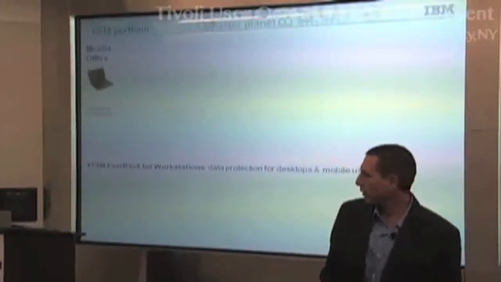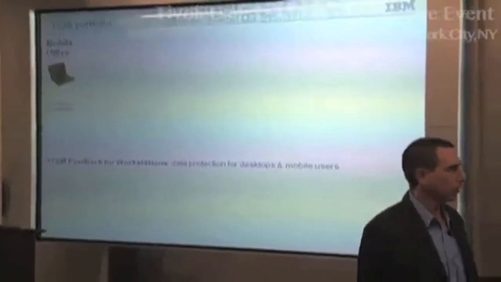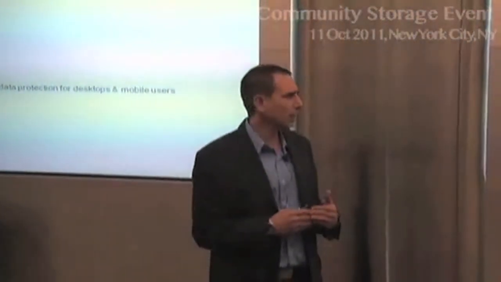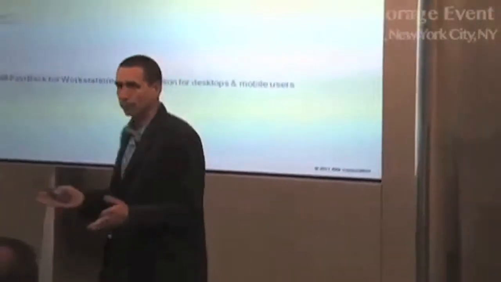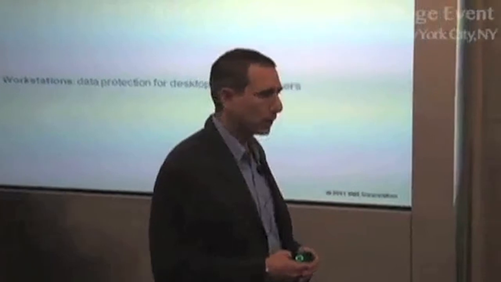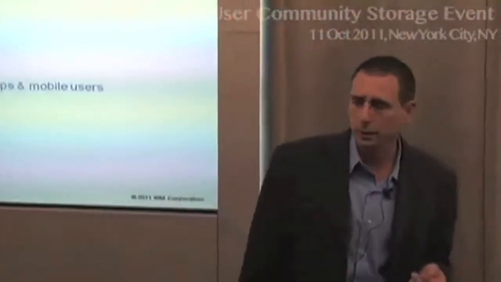Now, pretty simple to use, 5 minutes to install, runs on Windows, which most of us run, and it keeps a copy of that data local on the laptop, so you can easily recover from a deleted file. If you, like me, like to use Shift Delete, which means the file is gone the minute you hit yes, then it allows you to recover that. And obviously it can send the data for disaster recovery purposes to a data center.